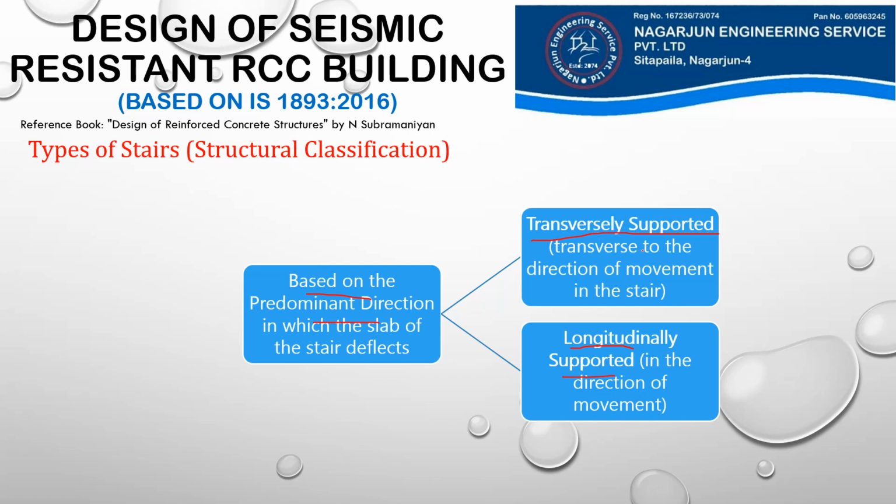If the slab deflects transversely, that is perpendicular to the direction of movement, then it is a transversely supported staircase. If our slab deflects in the direction of movement, then it is a longitudinally supported staircase. So structurally, staircases are classified into two types: transversely supported and longitudinally supported.